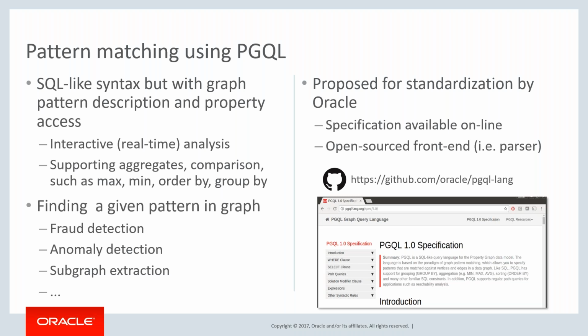But if you're trying to wrap your head around PGQL, which if you're used to writing SQL will be a bit of a different animal, the specification is very helpful because they give a number of examples and make it a lot easier for you to find your way. So you can go look that up on the web, and you can find all sorts of information about PGQL out there. So let's dig in then.